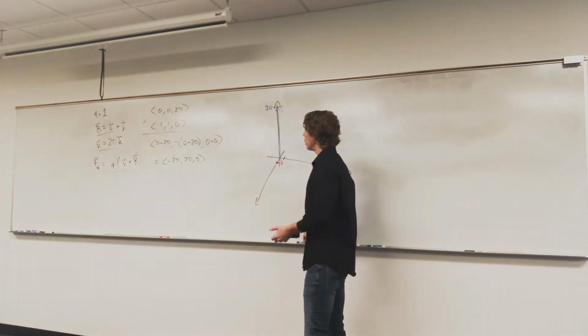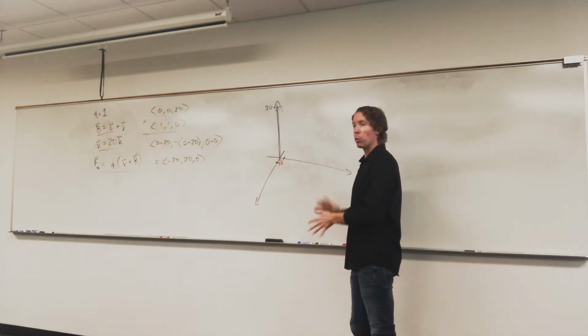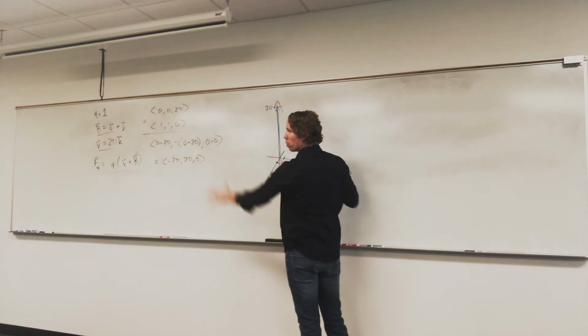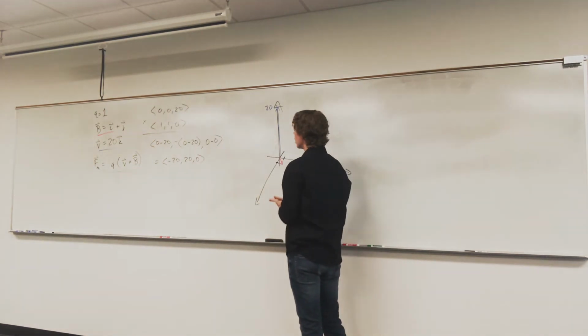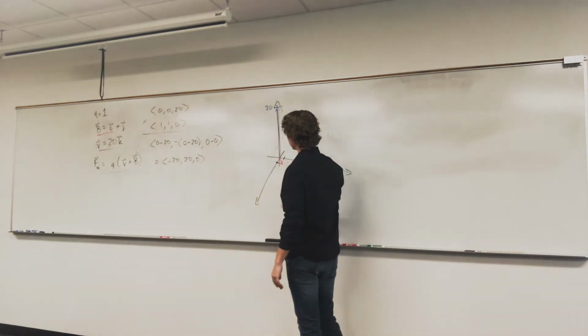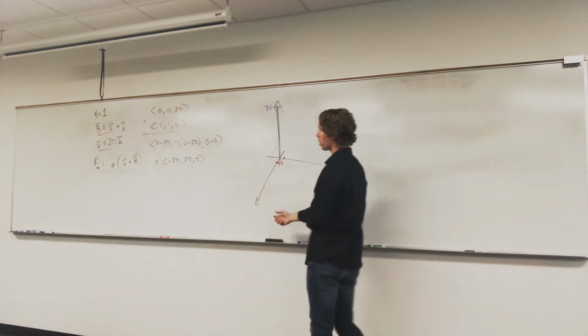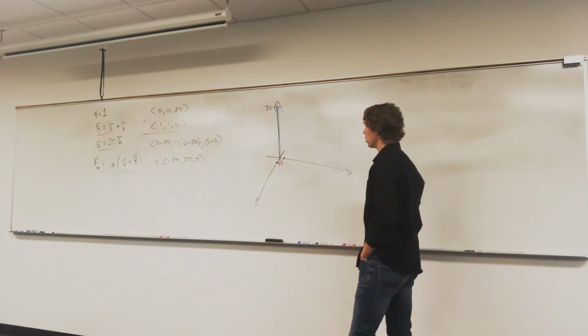The magnetic field, I just drew one arrow, but really what I should be drawing is this same arrow all over the place, because the magnetic field is all through space here. This velocity I'm thinking of just starting at the origin and only having one vector, because it's the velocity of a particular particle.